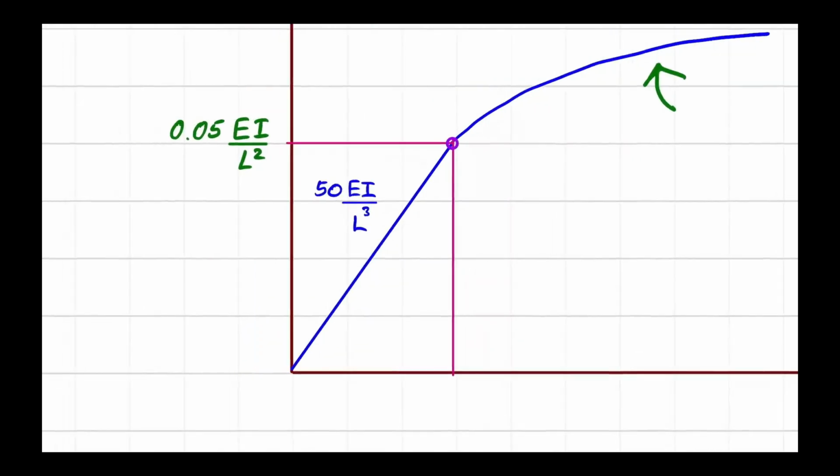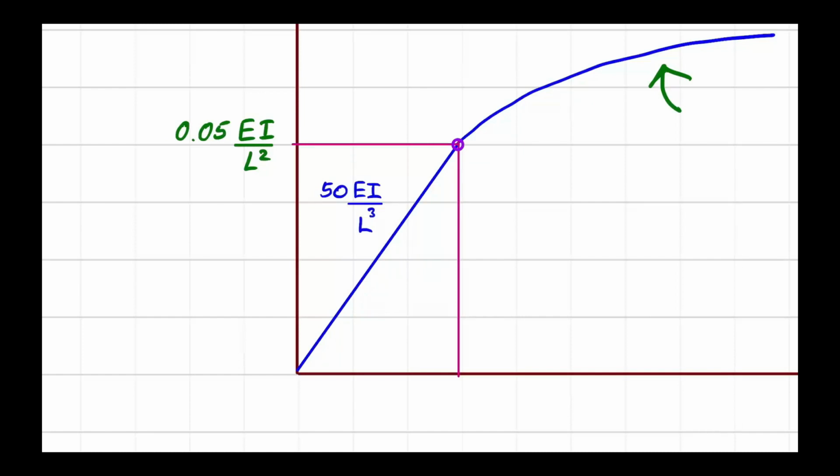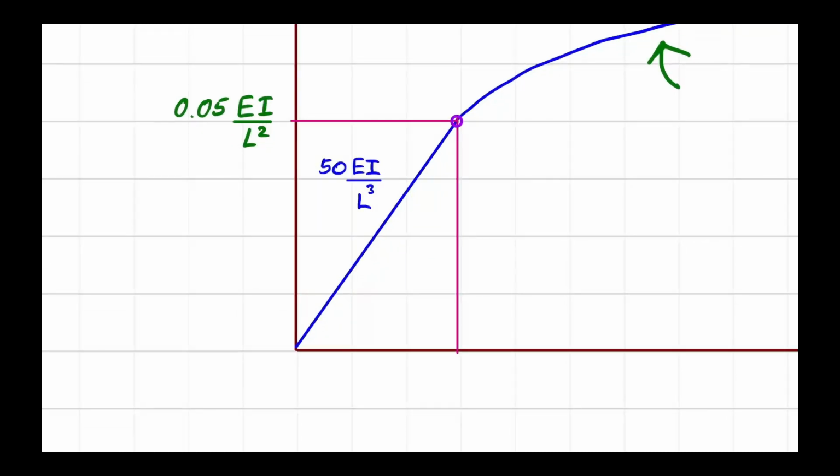So to find the corresponding yield displacement, 0.05, which is the force, divided by 50. EI cancels out, and you have just the L. And then 5 cancels, you get 1. This is 10, so it is 0.001, 0.001.